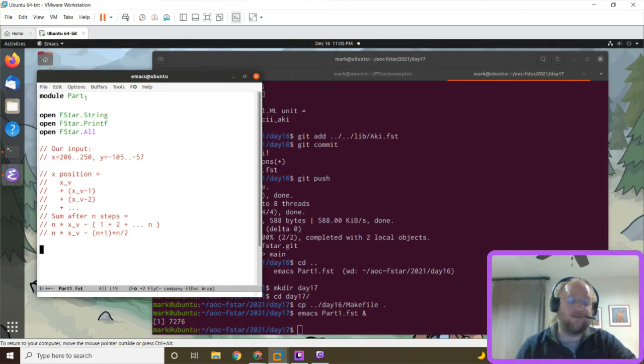Can we write that as a proof in code? That seems interesting to do. All right, so let x pos n, where n is a natural number, and init velocity.